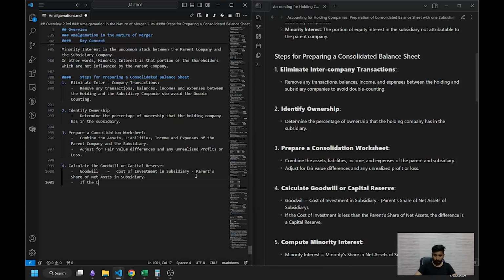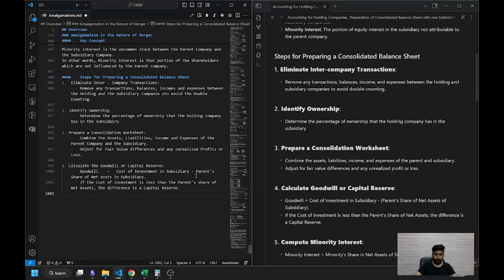If the cost of investment is less than the parent's share of net assets, the difference is a capital reserve.